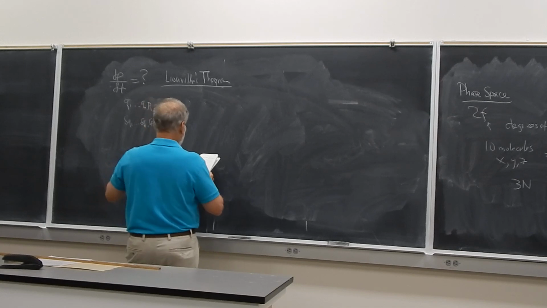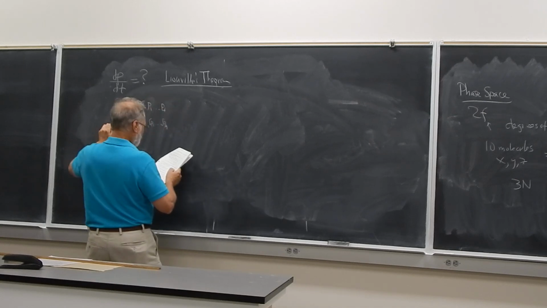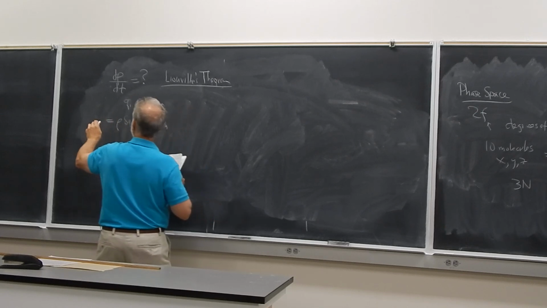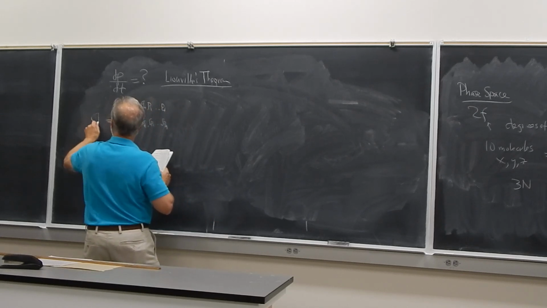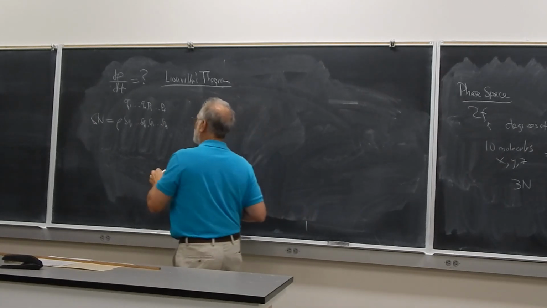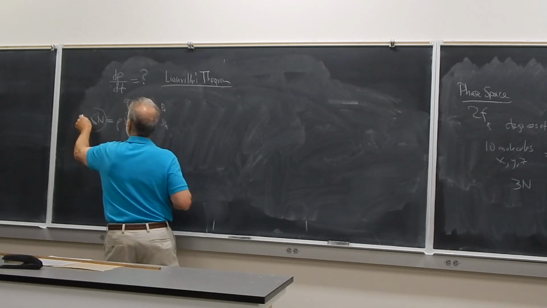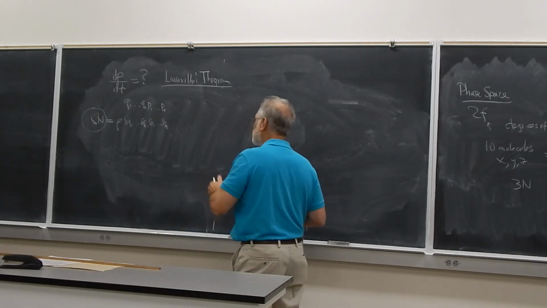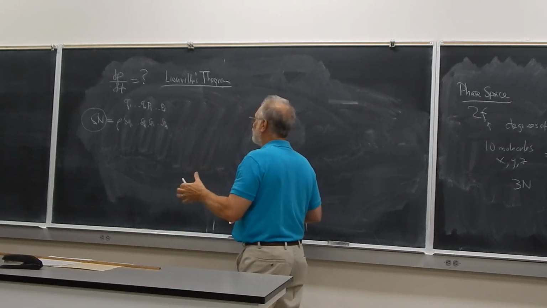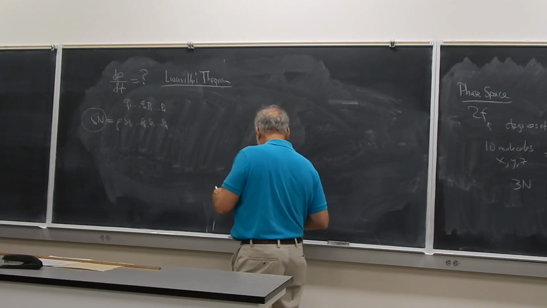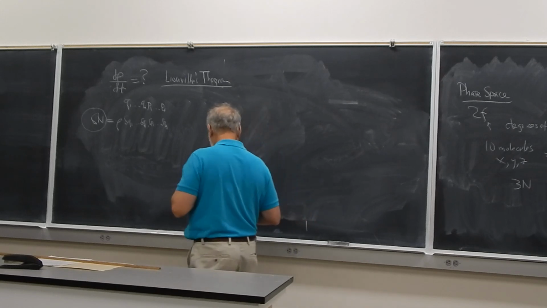So we can write it as rho times these infinitesimals, these differentials, and we'll write delta n in that way. Now we understand that this number may change in time because the number of points that enter this, if you will, hypervolume may not be equal to the number of points that leave over time.